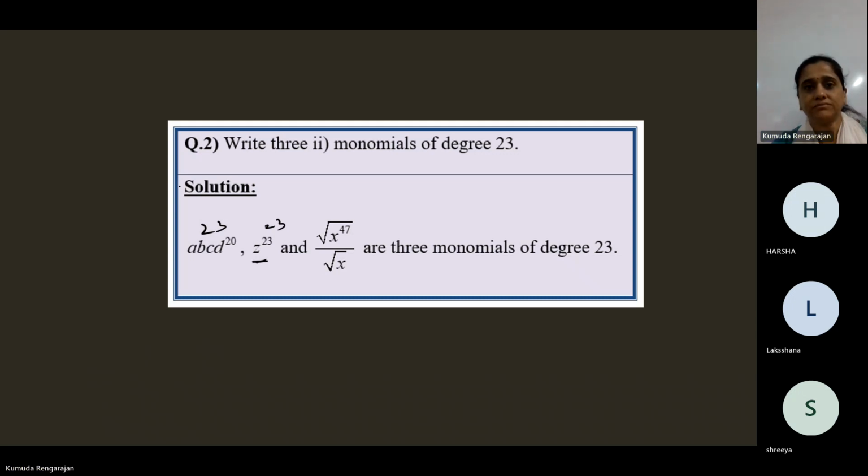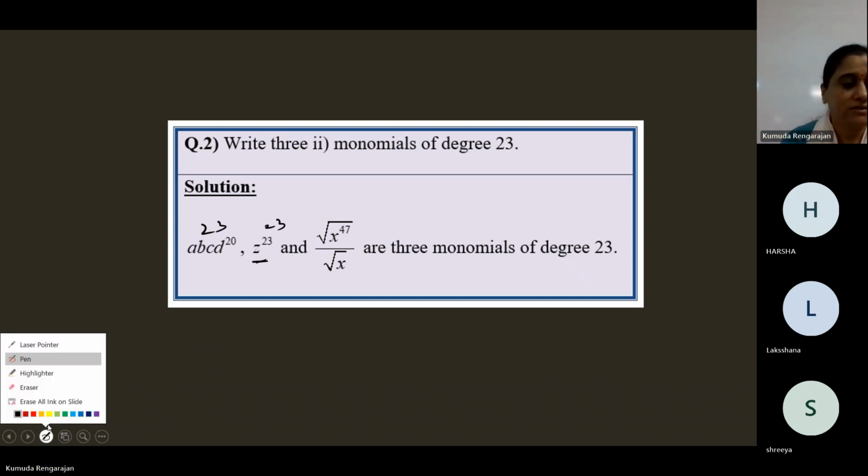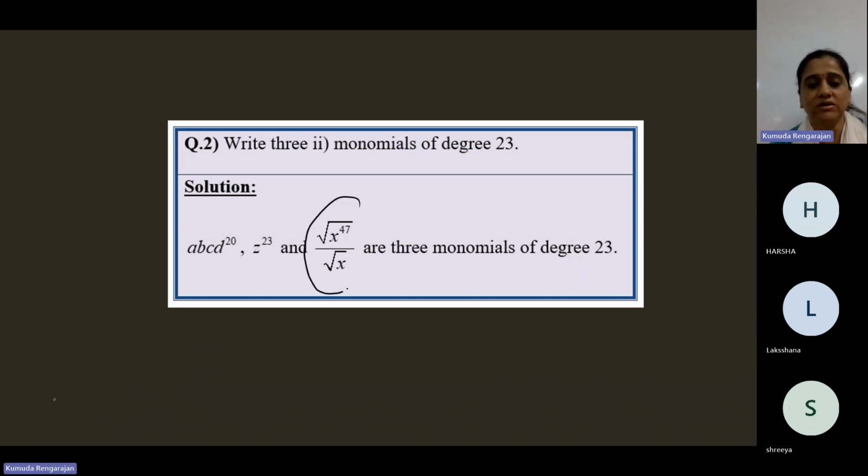And here, what is the square root of... yeah, solve that. Solve this one and see, children.